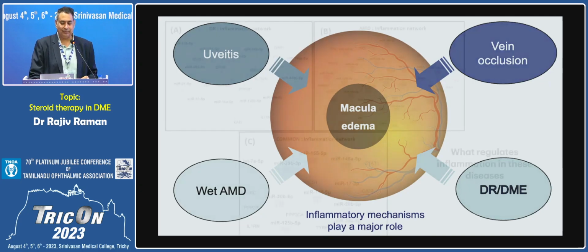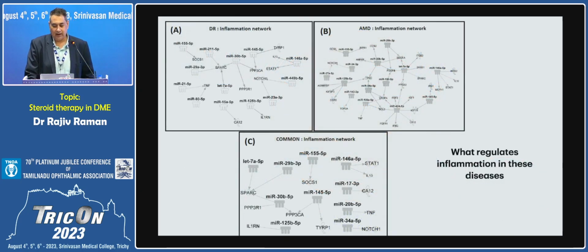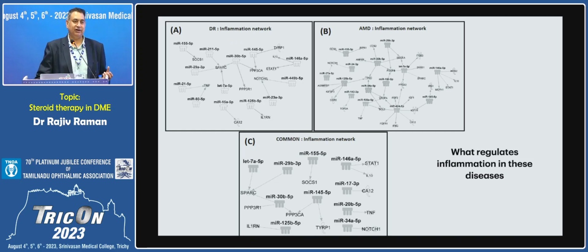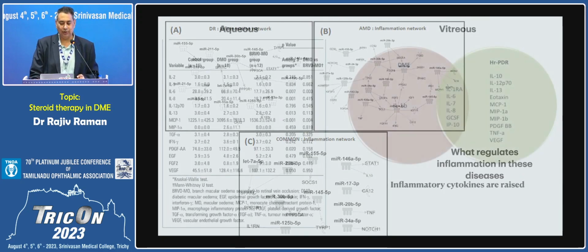It's not only diabetic macular edema. And what regulates these genes? This is one of the works by our genetics department. So there are some miRNAs which are very much particularly involved in inflammatory pathways. And it's not only in diabetic retinopathy, you can see even in AMD, a couple of these pathways are activated. So inflammation does play a role.